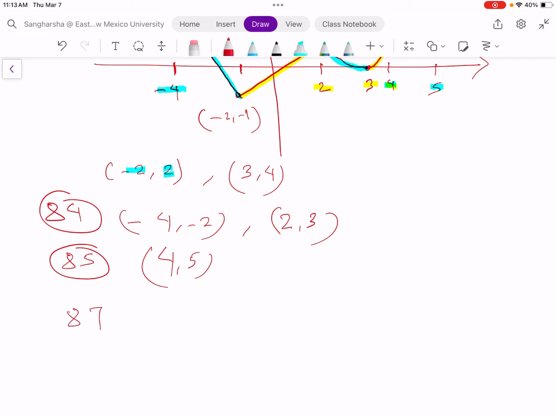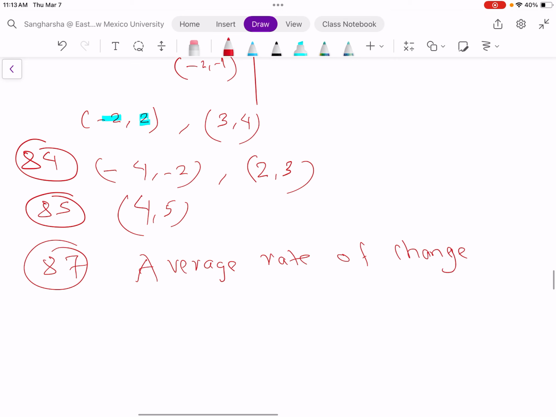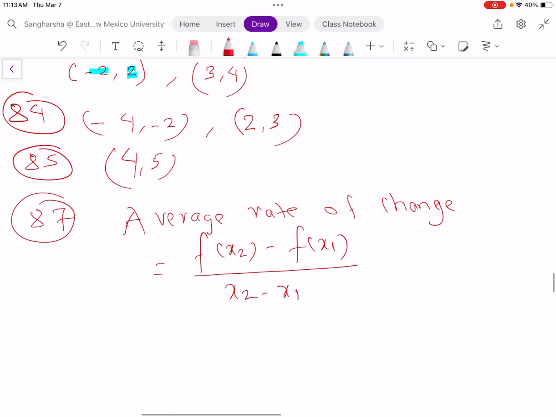And how do we find average rate of change? Average rate of change is given by f of x2 minus f of x1 divided by x2 minus x1.